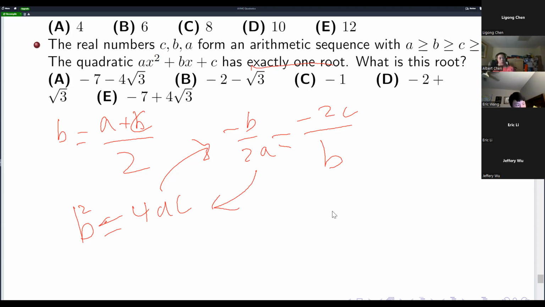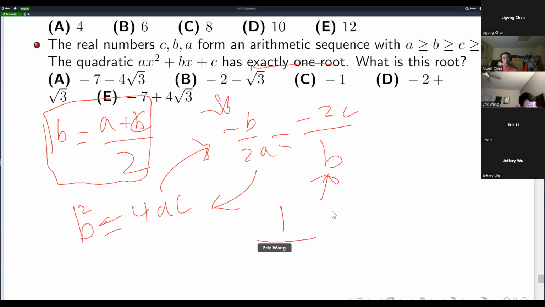Then we substitute b. I substituted b as a plus c over 2 into here, and that gives me 1 over (a plus 4c) over 4 equals 2c over b.